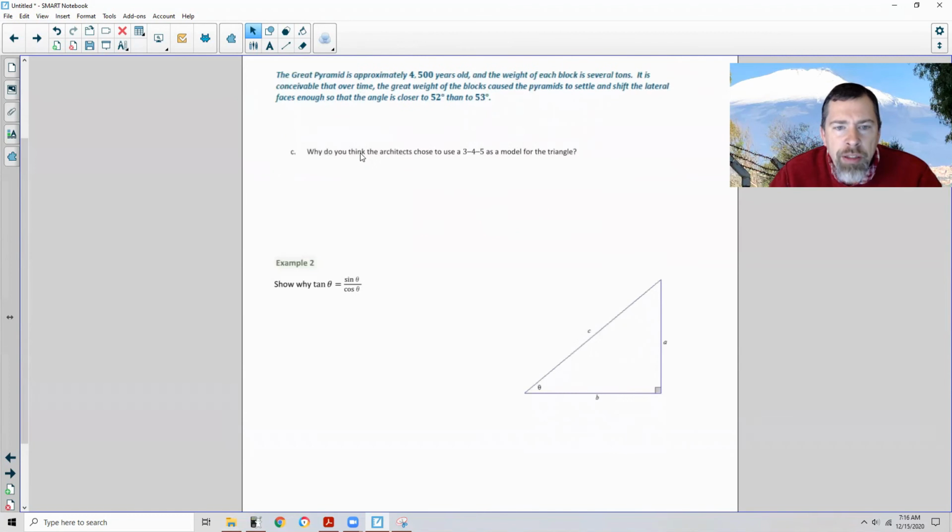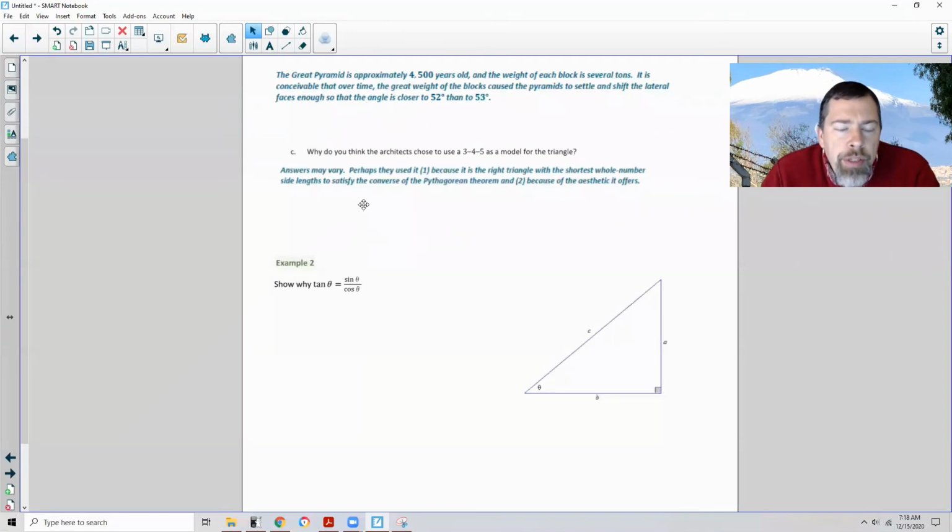Part C says, why do you think the architects chose to use a 3, 4, 5 as a model for this triangle? It says answers may vary. Of course they would vary. People have different opinions, but perhaps they used it, one, because it is a right triangle with the shortest whole number side lengths to satisfy the converse of the Pythagorean theorem, and two, because of the aesthetic it offers.